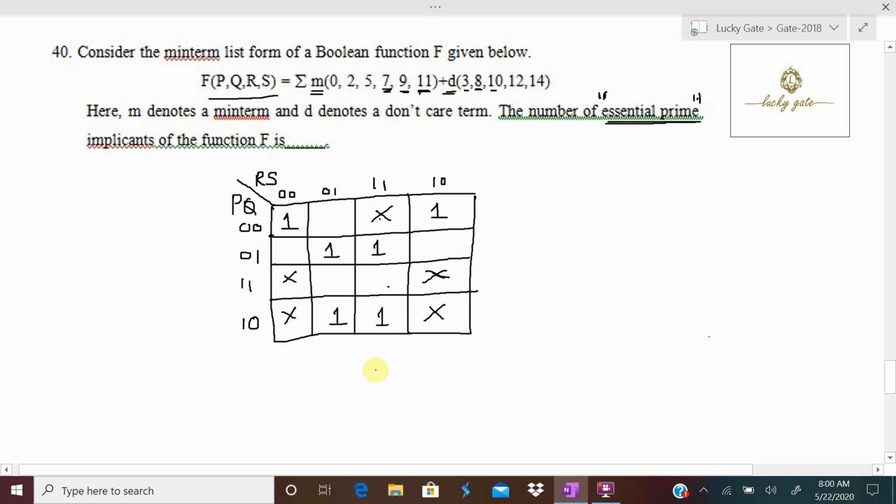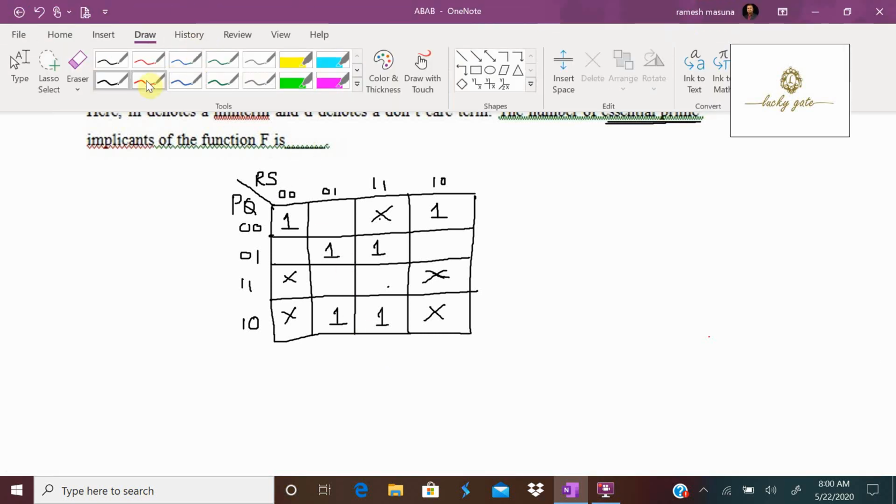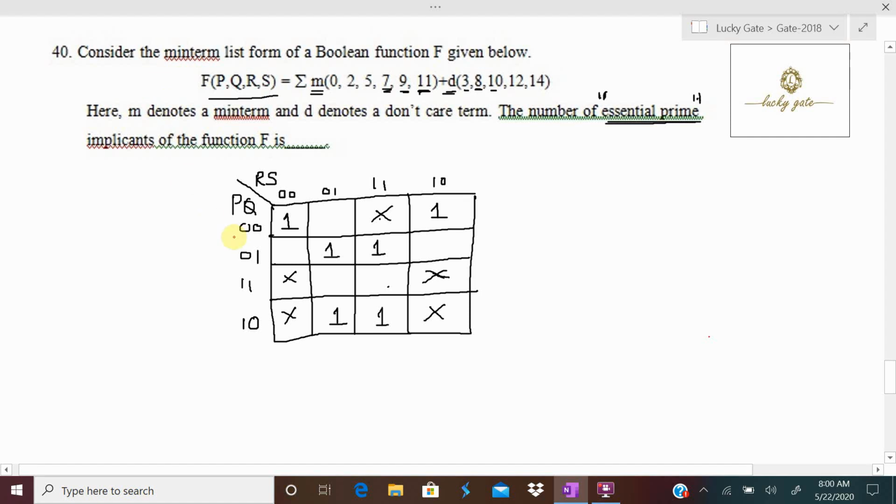Now we have to find the prime implicants that are essential. Observe how to identify them. To identify the essential prime implicant, observe each 1 in the K-map.